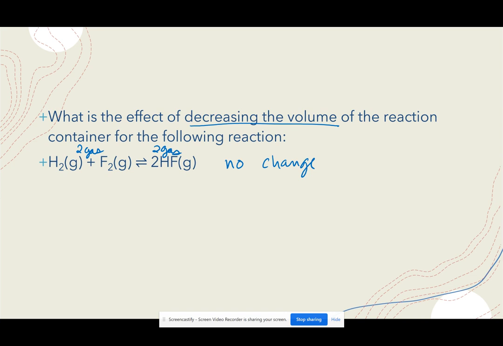So kind of like my away from what's added, replace what's removed. When we're talking about volume and therefore pressure changes, if there's more space, so if the volume goes up, you're going to go to the side with more gas. If there's less space, you're going to go to the side with less gas.